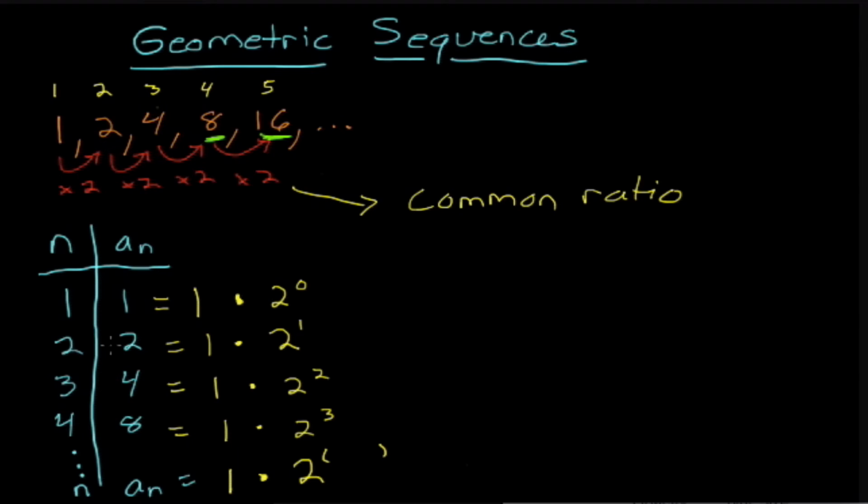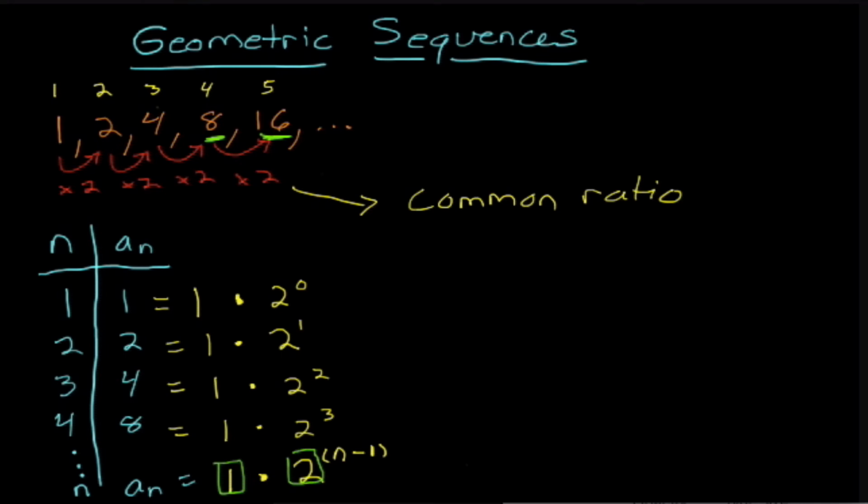To generate the second term, we raise 2 to the first power. To generate the third term, we raise 2 to the second power, and so on and so on. The same relationship that we observed in an arithmetic sequence holds for a geometric sequence. We're always raising the common ratio to 1 less than the term number. So that's going to be, let me write that a little clearer, n minus 1. And 1 here is our first term, and 2 is our common ratio.